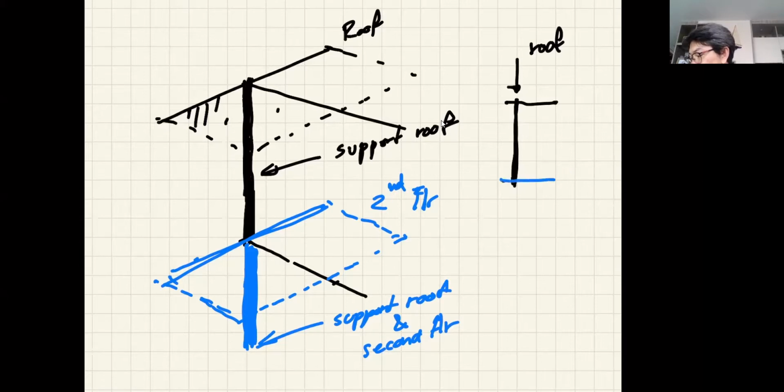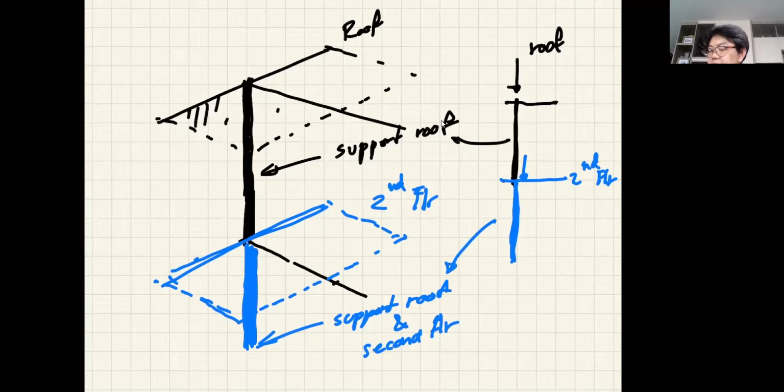It goes my second floor. And I will have the load on the second floor. Okay. So that this portion supports only the roof. And then this portion will support the roof and the second floor.